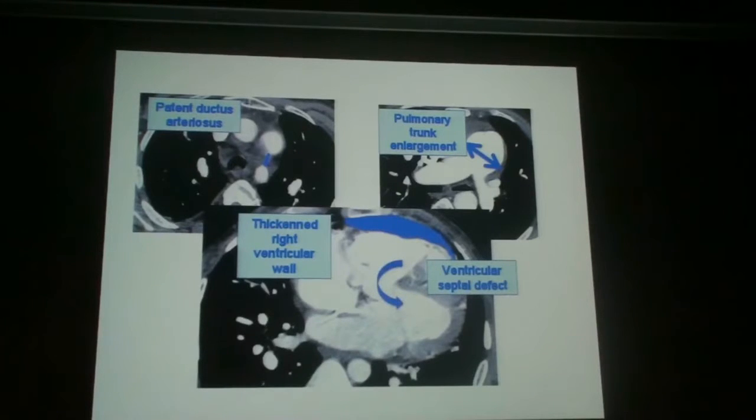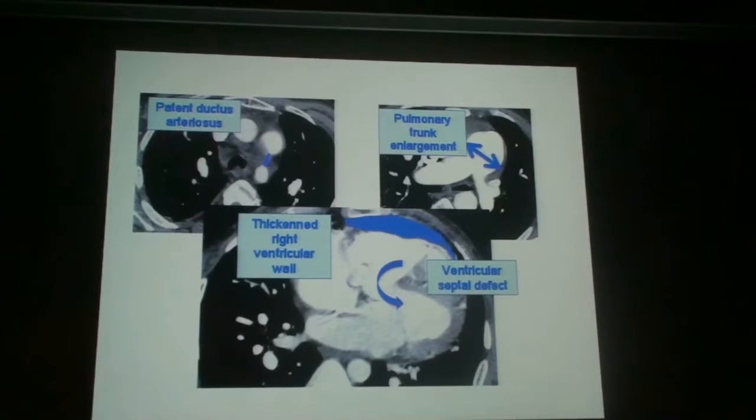So the patient did not have PE, but he had an undiagnosed and uncorrected congenital heart abnormality, ventricular septal defect, and he was referred in emergency to our unit because he was suspected of having PE.